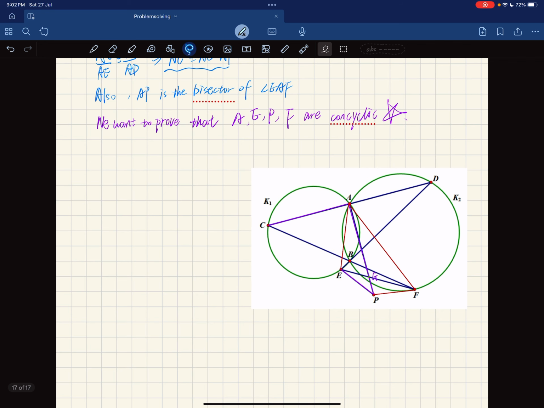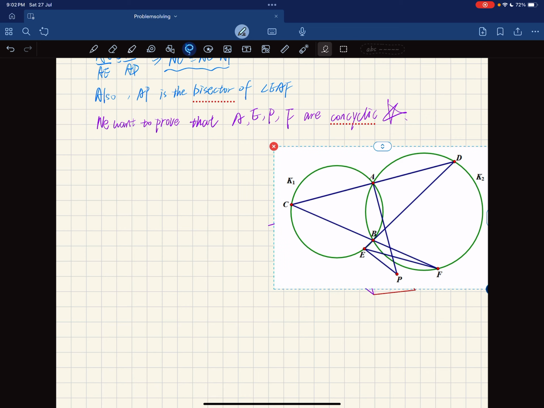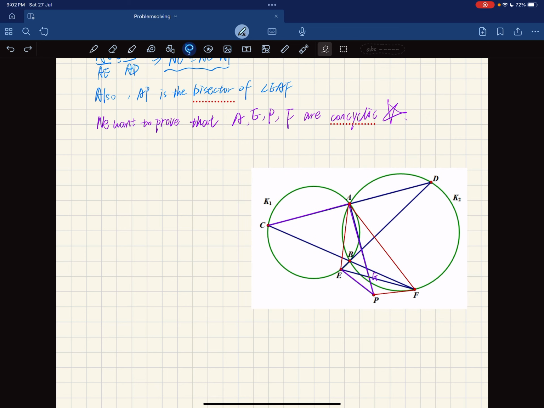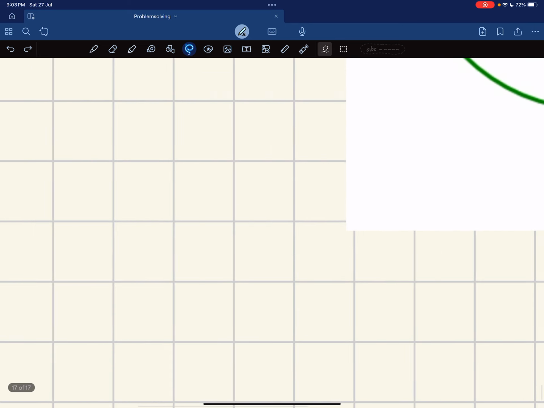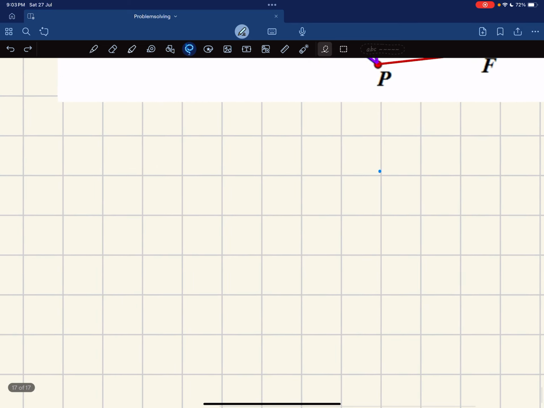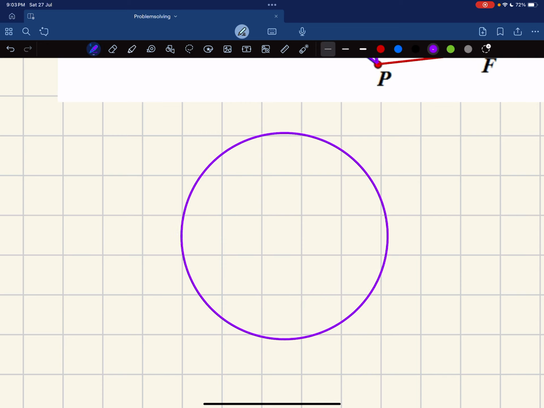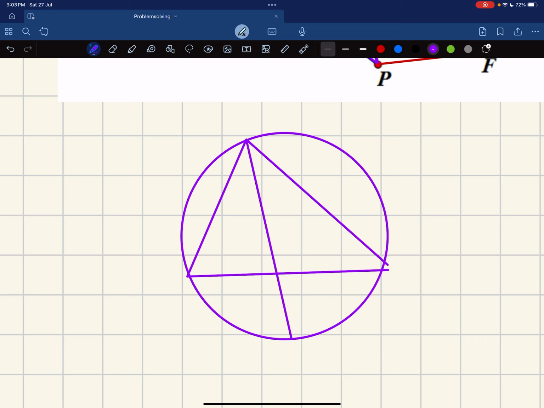Why do I say the concyclic quadrilateral is available to be proved? Because if you construct a circle with a triangle inside, and with its angular bisector, what can we have?